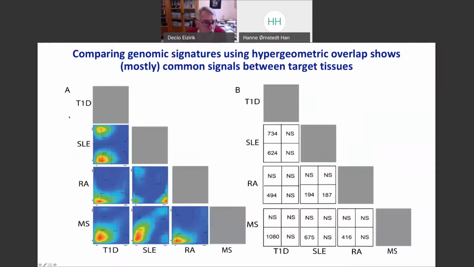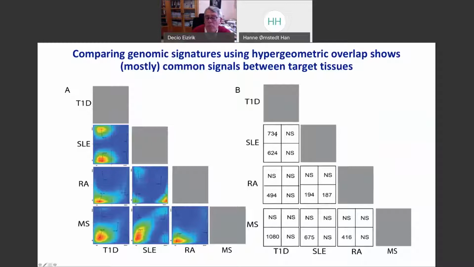When you put all diseases together, here you have the image. So for instance, here you have systemic lupus compared to type 1, and you see that you have 624 genes in common. Here you have something interesting.